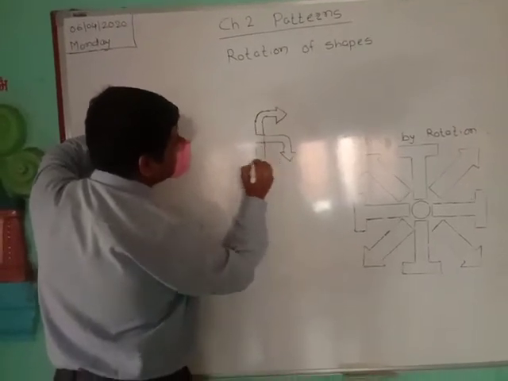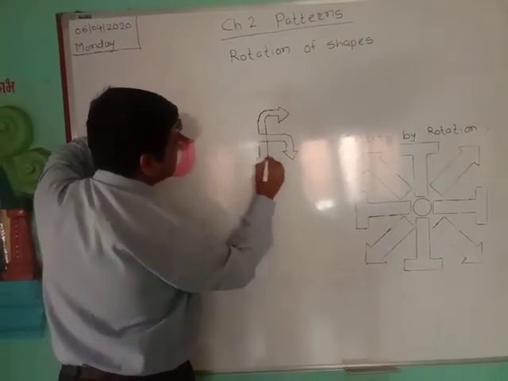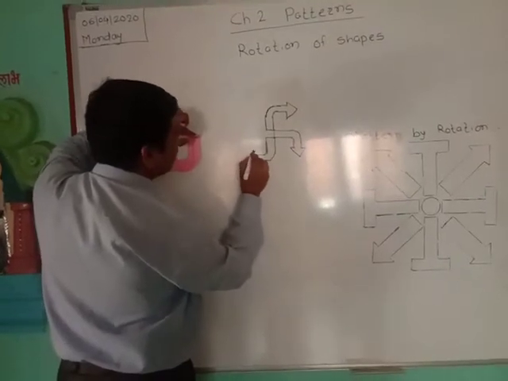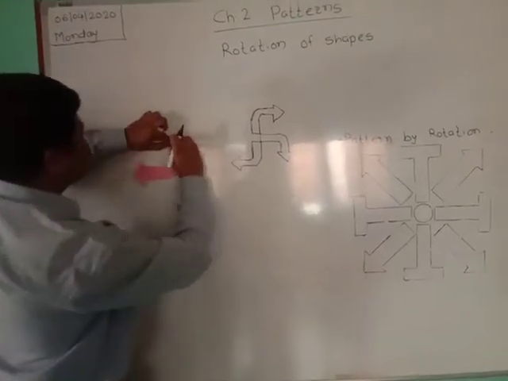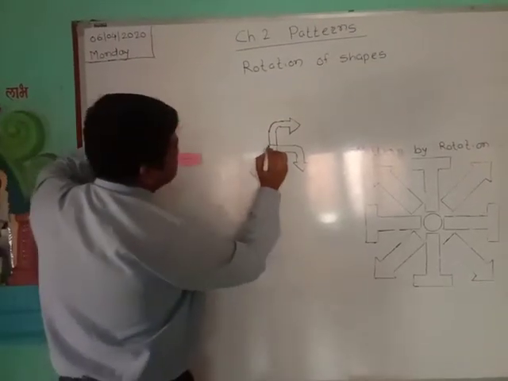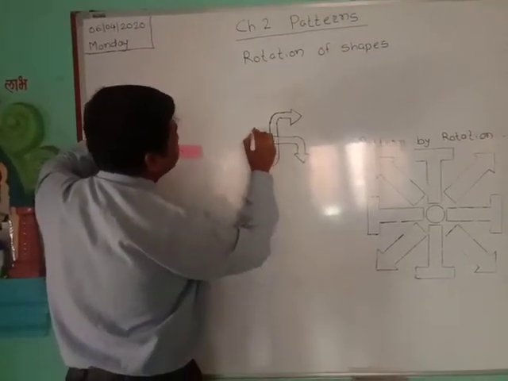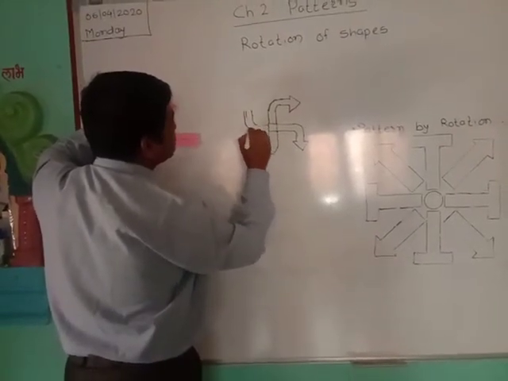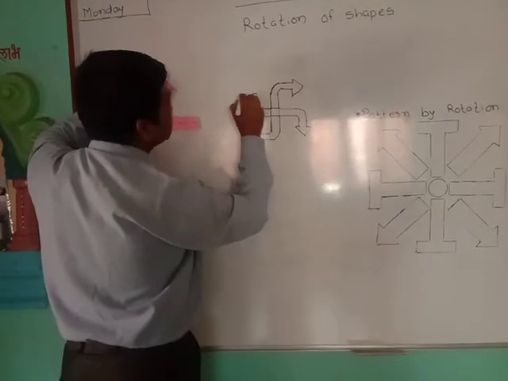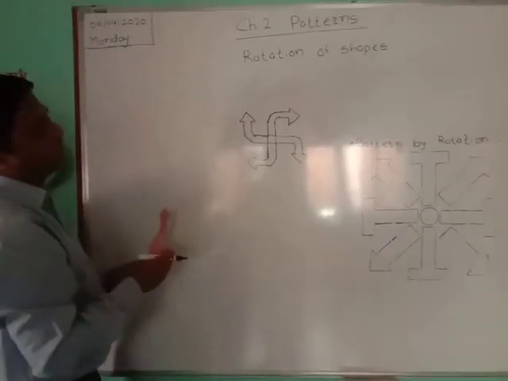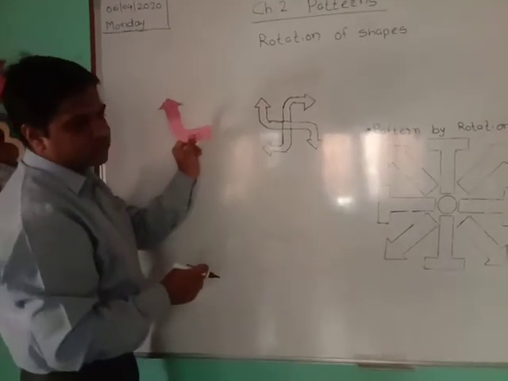Next, again a 90-degree rotation in the clockwise direction. So, a beautiful pattern emerges out of the rotation of a simple shape.